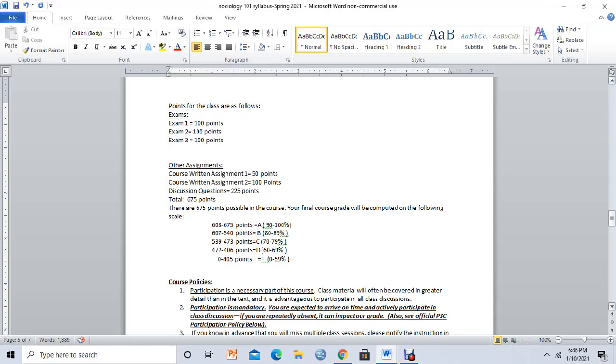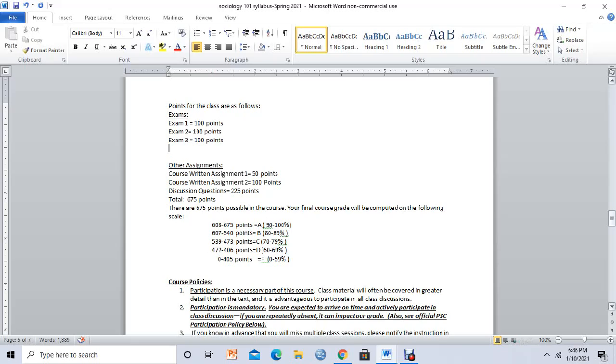For the first and second exam, it's 50 questions worth 2 points each. The third exam, I believe, is 40 questions worth 2.5 points each. So therefore, you have the 3 exams, and the 3 exams are worth 300 points.